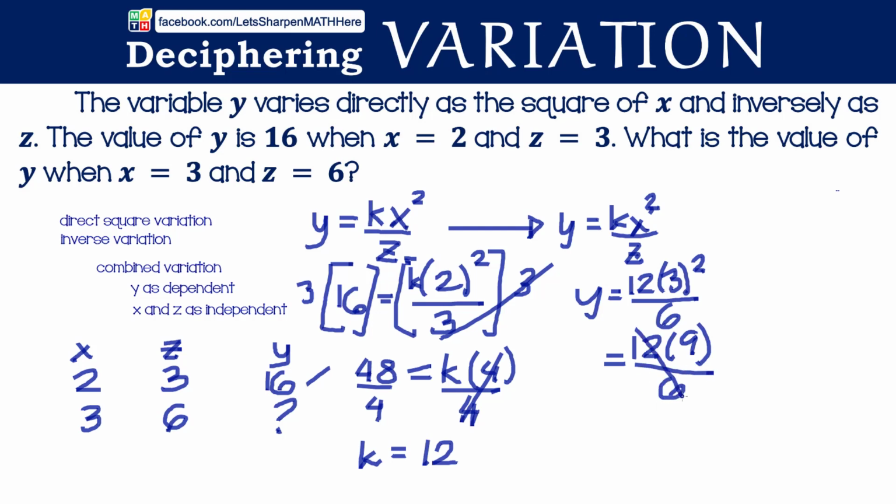You will get 2. So y is equal to 2 times 9, which is 18. This is the result for what is unknown. Or in sentence form, y is 18 when x is equal to 3 and z is equal to 6.